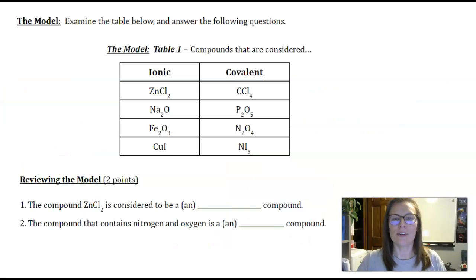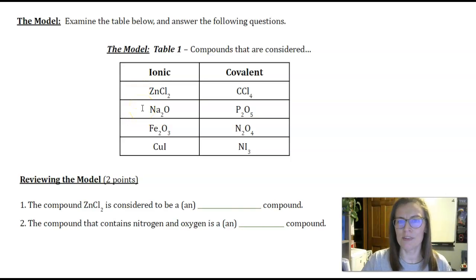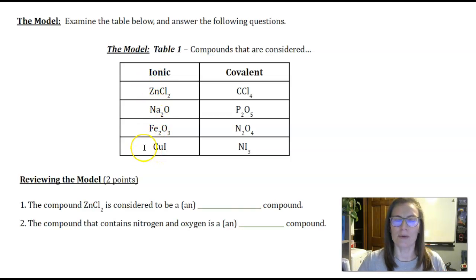So what we're going to do today is we're going to take a look at some compounds, and these are formulas, right? Chemical formulas of compounds. And we're going to try to figure out what makes these compounds ionic, right? Because in this column, we have ionic at the top.